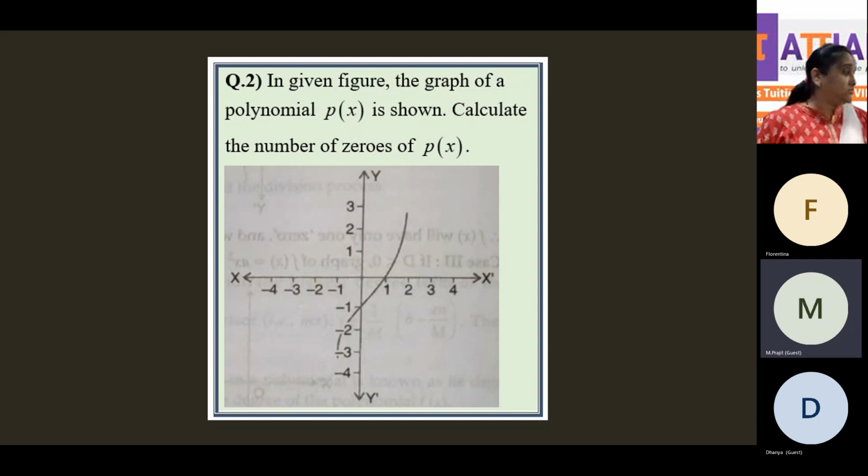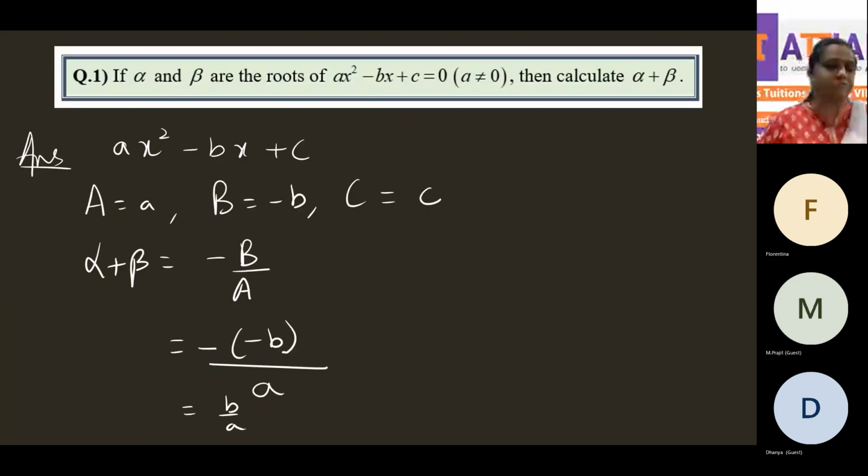Answer is 1. Yeah, zeros, roots are all the same. Roots, zeros, they're the same.